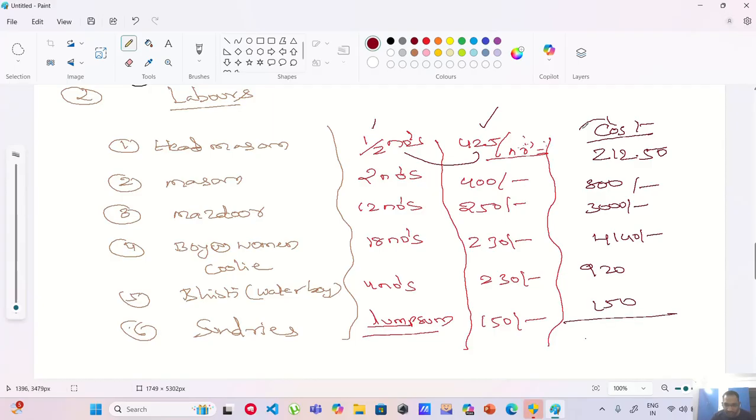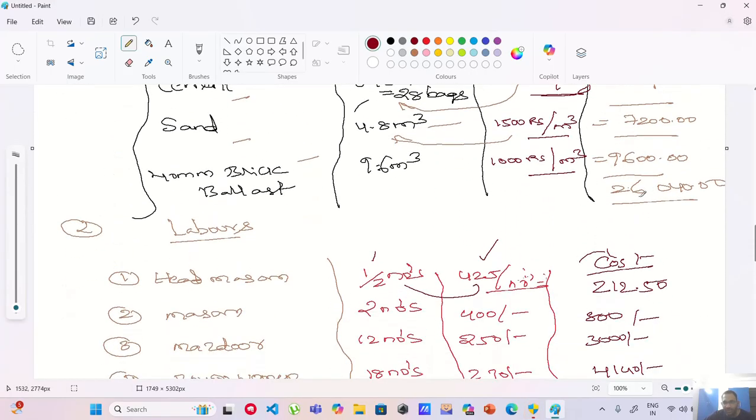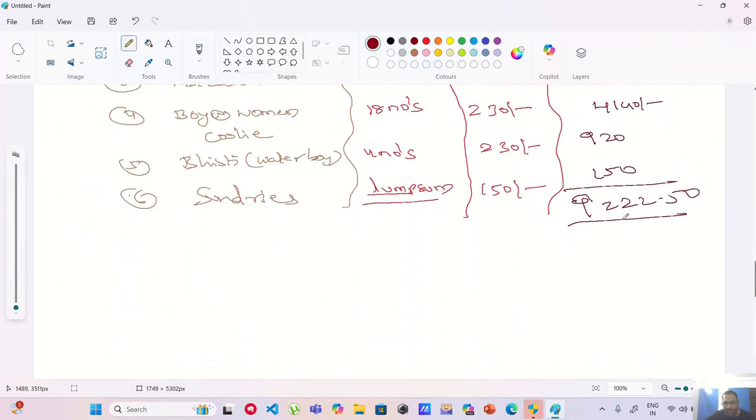And finally I got the labor charges as 9222.50, around 9000 rupees, 9222 rupees for labors. Okay, for material it is 26,040 rupees, for labor it is 9,222.50.